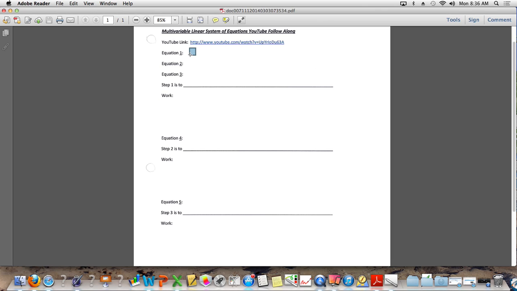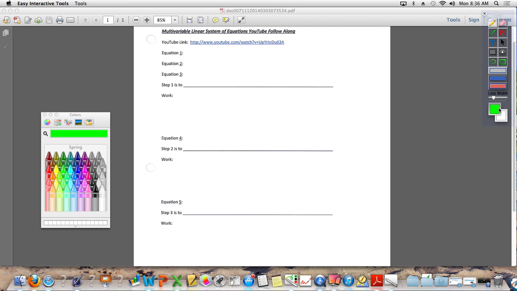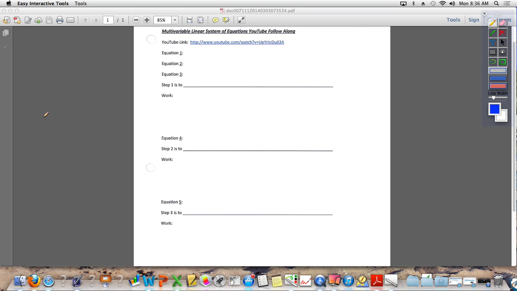So if you added together the x plus the y plus the z, you would get 0. I'm sorry I'm writing so small. It's just that in order to see all of this at one time, I needed to shrink it a little bit. So you have x plus y plus z equals 0.